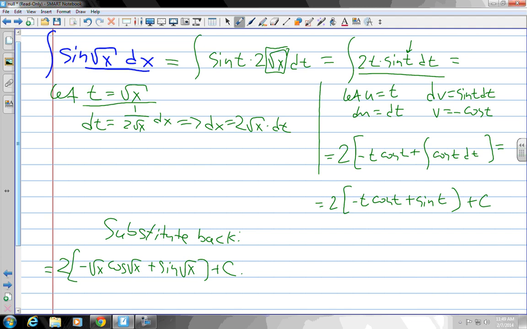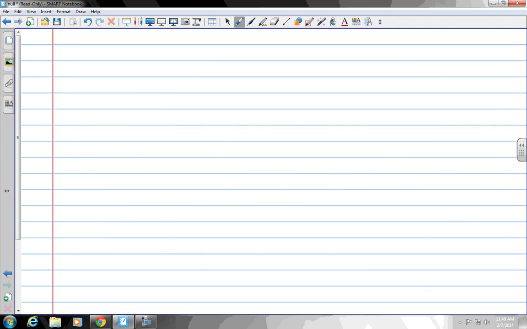Well, let's try. Yeah, that might have not worked. I mean, if we try this one, sine of x squared, right? x squared dx, like that. So if we try the same pattern, t equals x squared, so dt equals 2x dx, right?